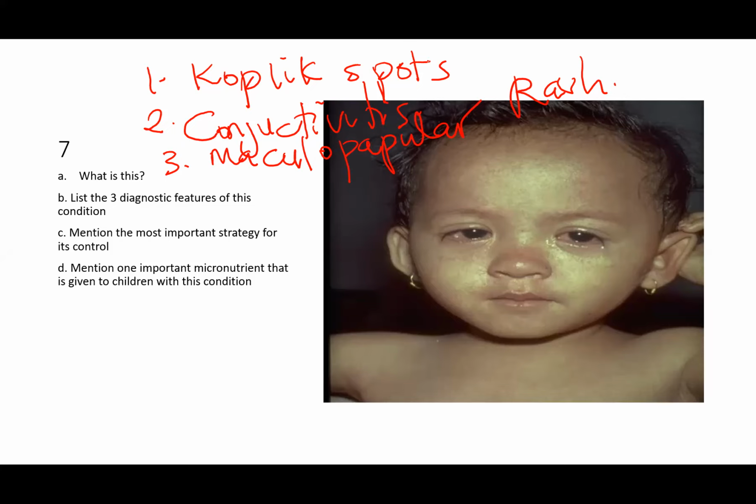The C question says, mention the most important strategy for control. The most important strategy for control of measles is the use of measles vaccine. So C is measles vaccine.